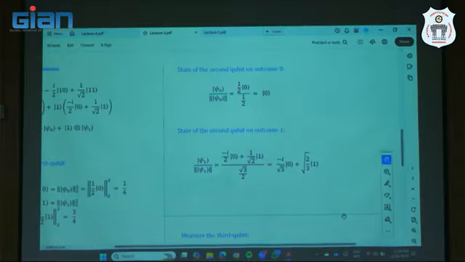Any more questions? Yes, that's why it's called partial measurement, because we are only measuring part of the qubits, not all the qubits.